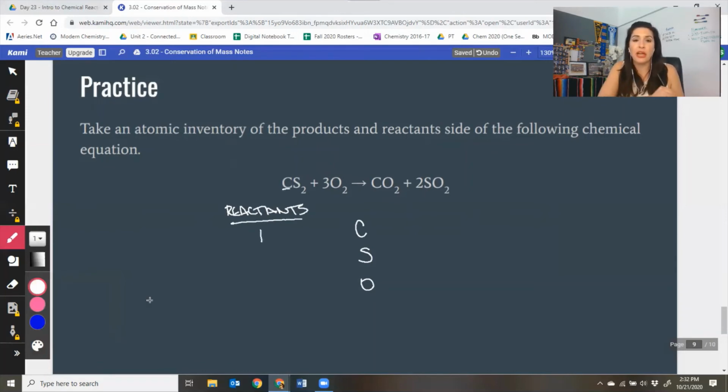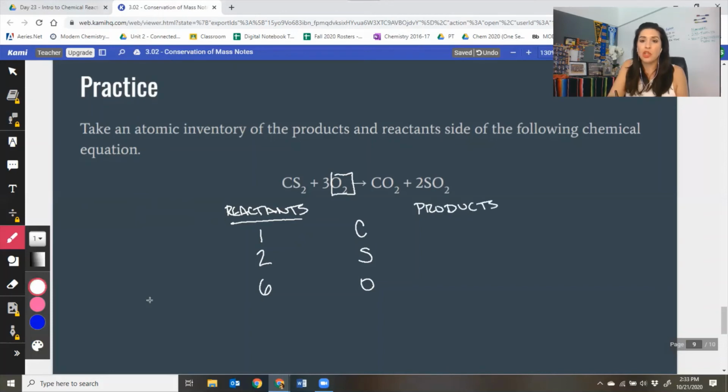So I'll just put a 1 there. For sulfur, I have 2 atoms of sulfur in this compound, so I'll put 2. And finally, for oxygen, I have a molecule. My molecule is O2, but I have 3 O2 molecules. So I have to take 3 times 2 is a total of 6.